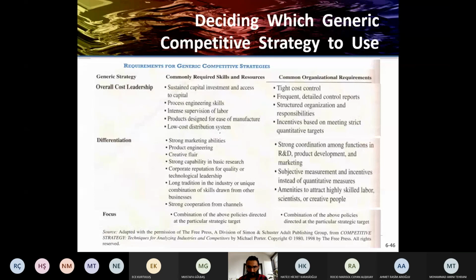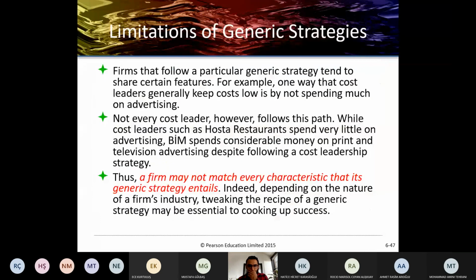You can read this. And sometimes these generic strategies are not applicable everywhere, right? For example, if you are operating a restaurant chain and you want to apply a cost leadership strategy, maybe you spend very little on advertising, since cost leadership says you don't want to lose money.